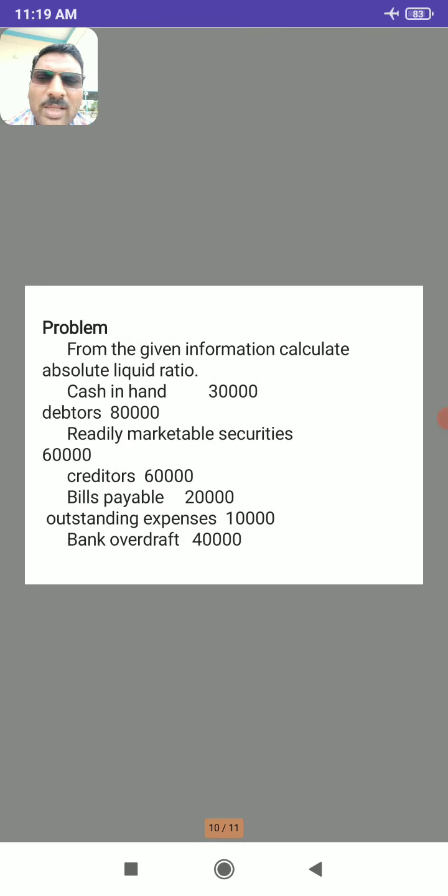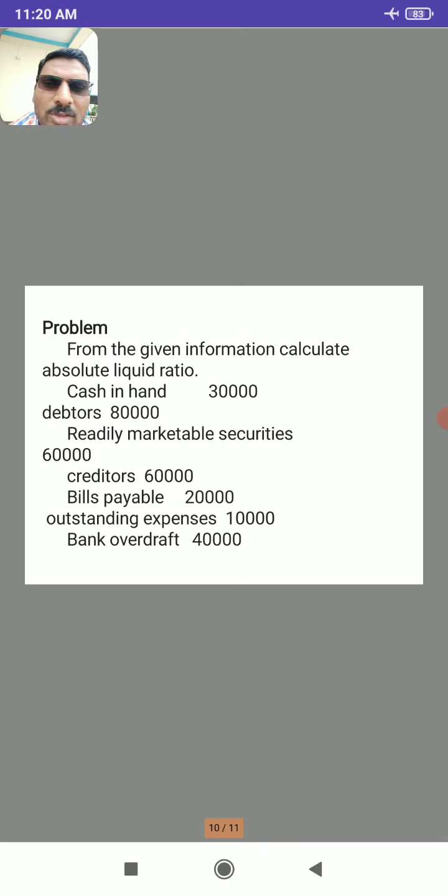Here we will take one problem and solve how to calculate the absolute liquid ratio. Given information, calculate the absolute liquid ratio. Cash in hand is 30,000, debtors 80,000, readily marketable securities 60,000, creditors 60,000, bills payable 20,000, outstanding expenses 10,000, bank overdraft 40,000.